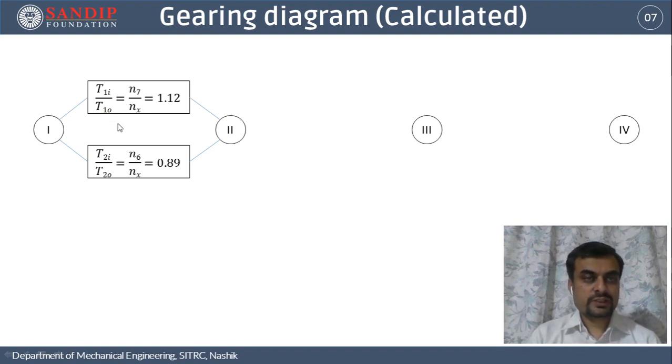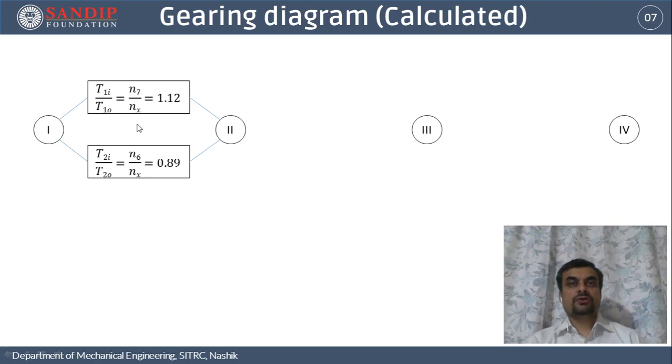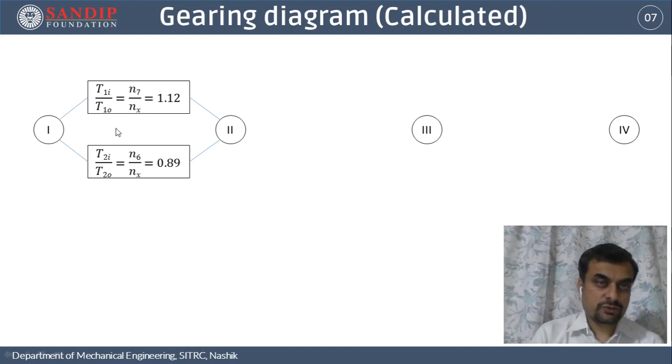It should be noted that the ratio of teeth is inverse to that of the ratio of speeds. I hope you are aware that the number of teeth is inversely proportional to the speed. Therefore, if on the left hand side I am taking the ratio of input gear to output gear, on the right hand side I should have output speed upon input speed.